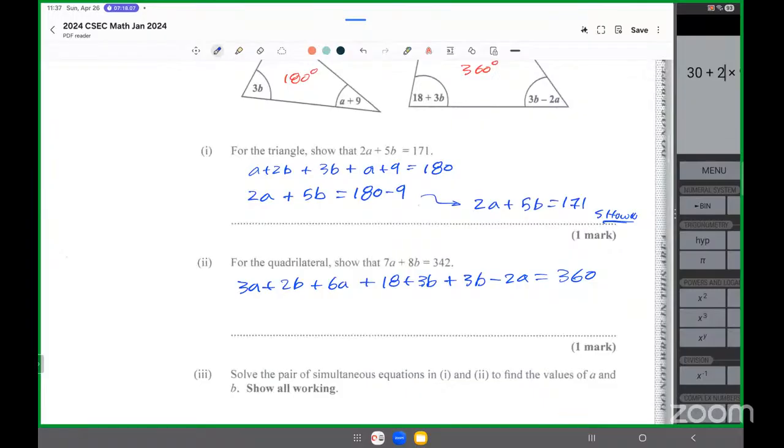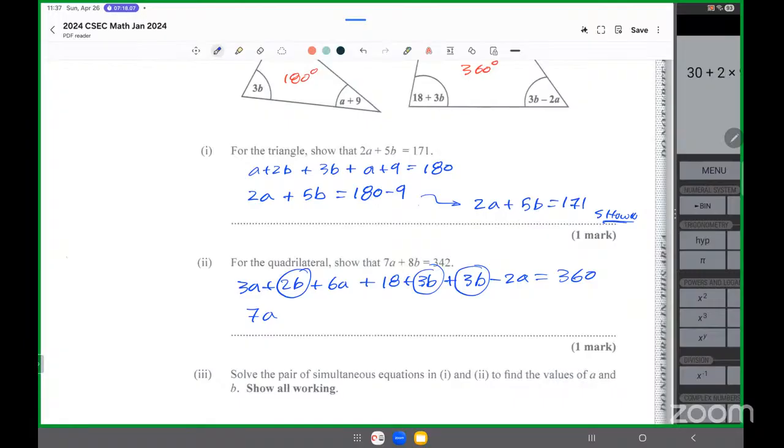So look at the A values: 3A and 6A, that's 9 minus 2, that's 7A. So look at the B's now. That's 2B and 3B make 5B, and another 3B right here, so make 8B.